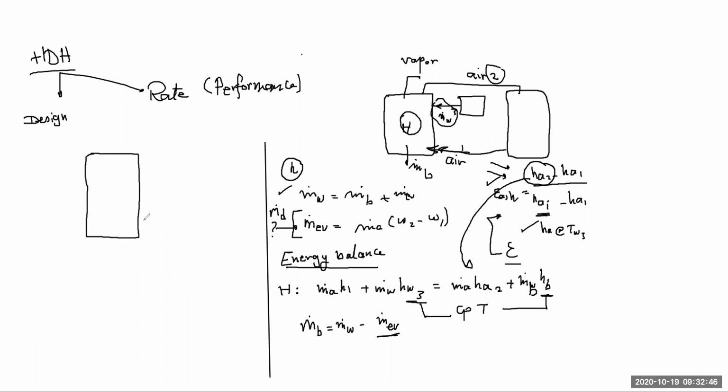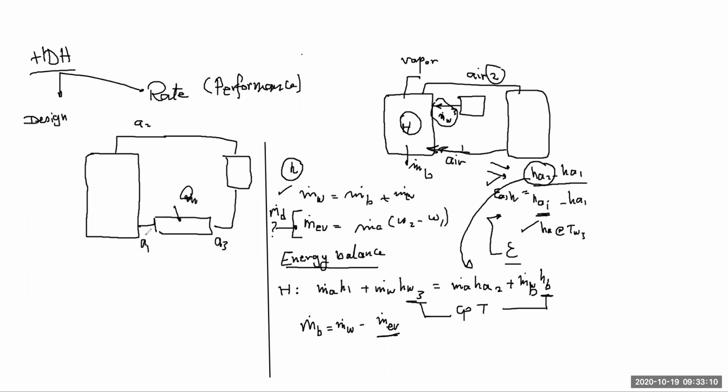in which I'm using air and the air is passing by a heater inside. And this is air 1. And then it will leave here as air 2. And it will enter the dehumidifier and leave it as air 3.